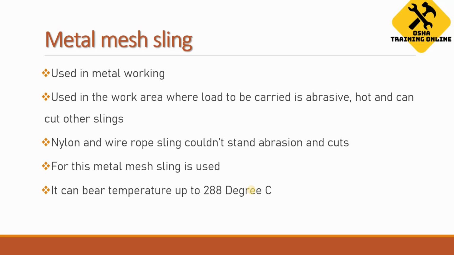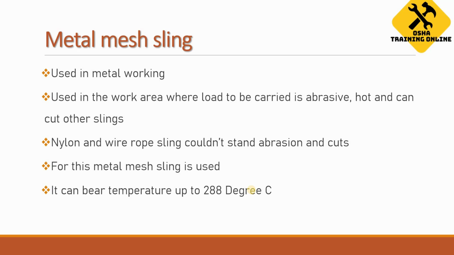Now the third important sling or rigging equipment is the metal mesh sling. It is used in metal working. If the work involves substances, materials, or objects that are usually of metal, then in that case we would choose the metal mesh sling. It is used in work areas where the load to be carried is abrasive, hot, and can cut other slings. There are certain kinds of materials in the work area which may be hot, like different kinds of heavy objects, and abrasives.